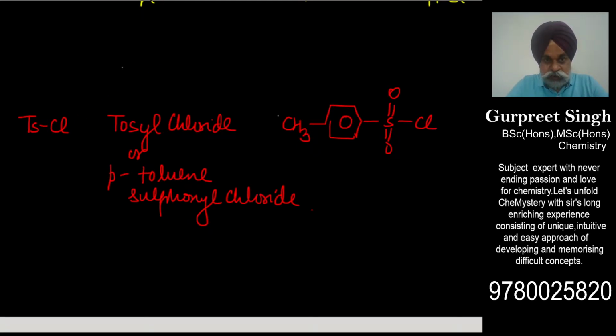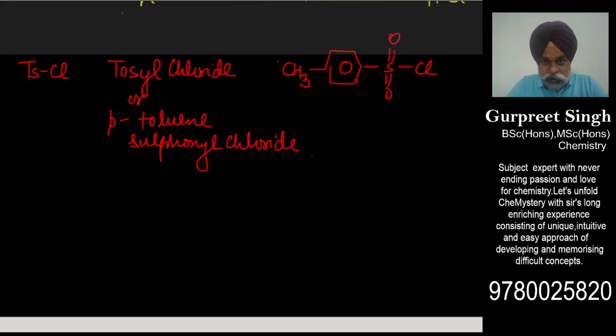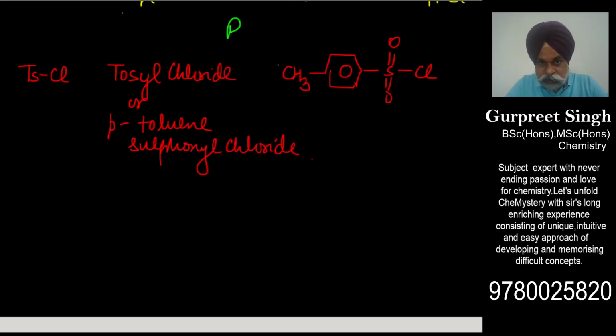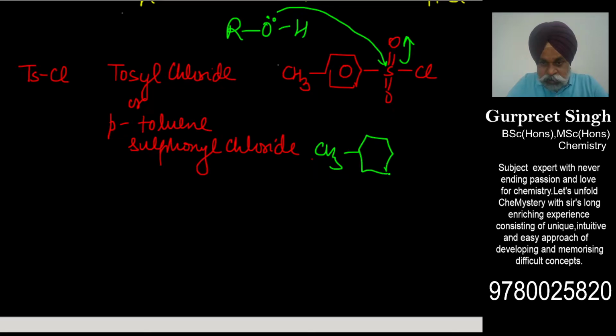As I said, this is tosyl chloride, and you have treated it with alcohol. So the alcohol's lone pair attacked this part, and this went up. What you get here is something like this. This becomes O negative. Here you have Cl, and you also have the attacked part, which would get a positive charge.